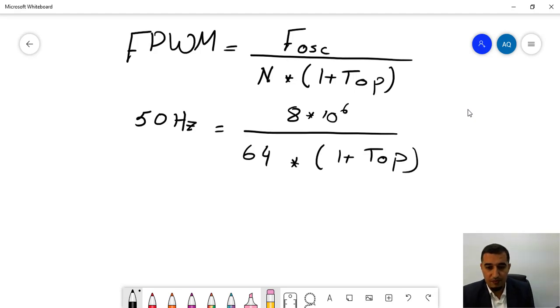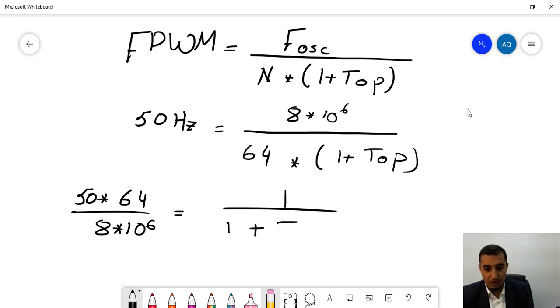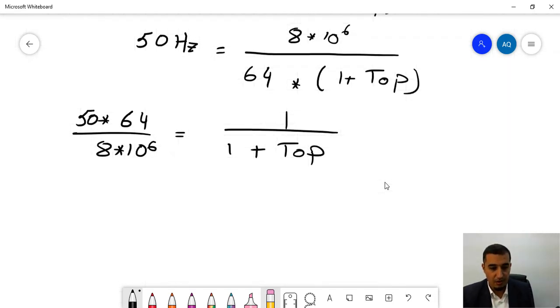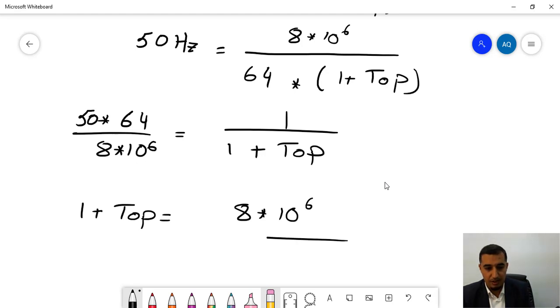So all we have to do is find the value of top. Let me go through the steps. 64 multiplied by 50 divided by 8 multiplied by 10 to the power 6 is equal to 1 over 1 plus top. Flip everything, and I get 1 plus top is equal to 8 multiplied by 10 to the power 6 divided by 50 multiplied by 64.